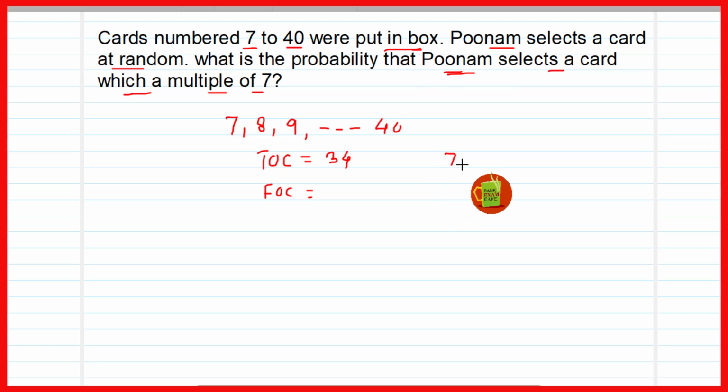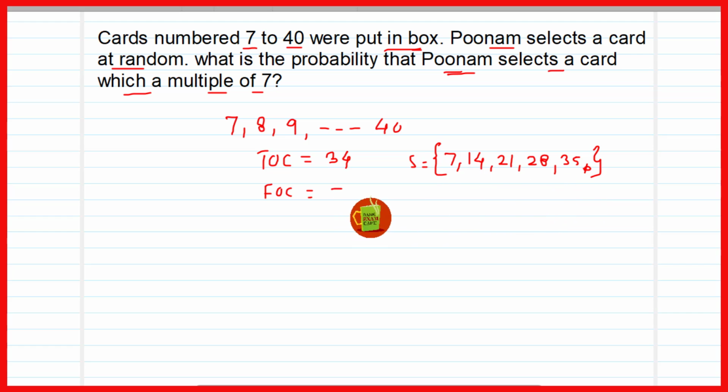And so the favorable outcome will be all the numbers which are multiples of 7. So multiples of 7 will be 7, 7 2s are 14, 7 3s are 21, 7 4s are 28, 7 5s are 35, and 7 6s are 42. 42 will not be in this series, and therefore 7, 14, 21, 28 and 35, this will be the sample space, and so all these will be favorable to us.